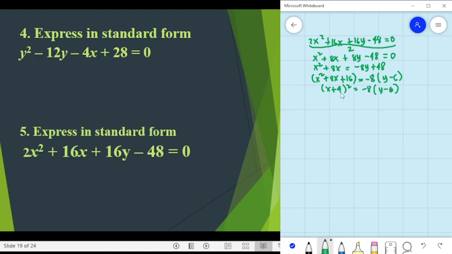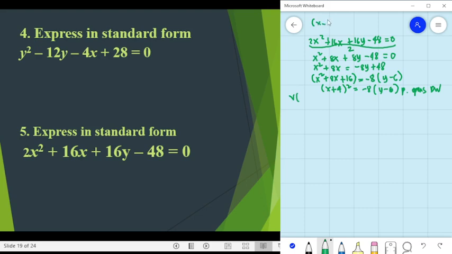So from here, we can say that the squared part is the x part with a negative p, so therefore p opens downward. Okay, downward.